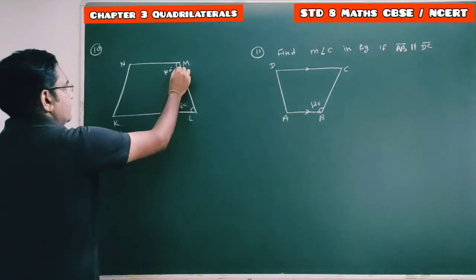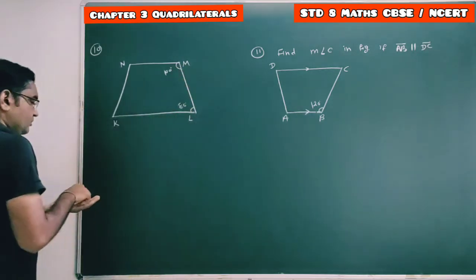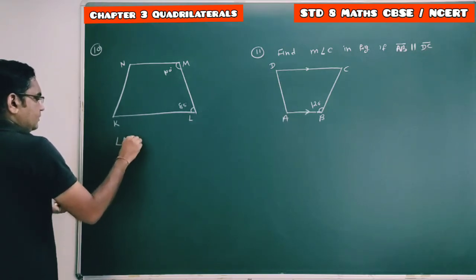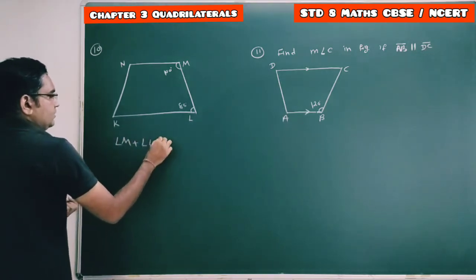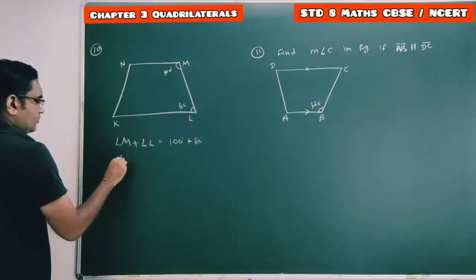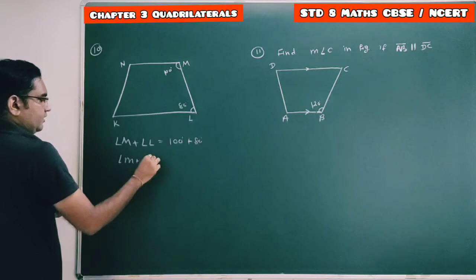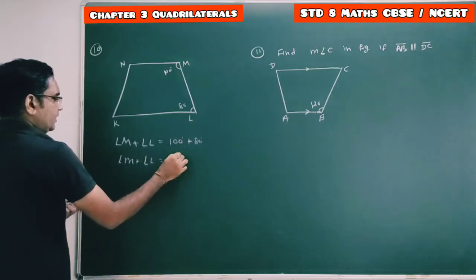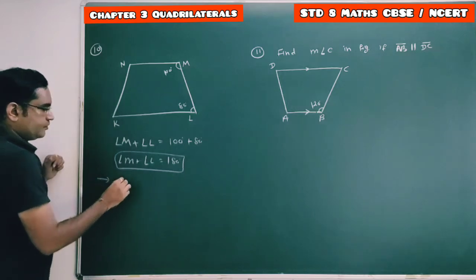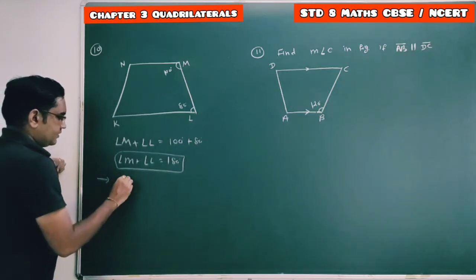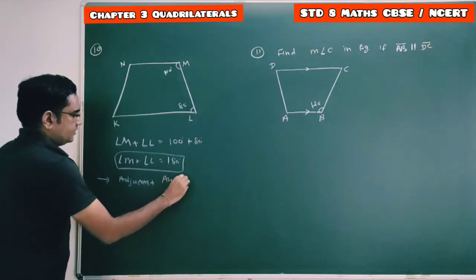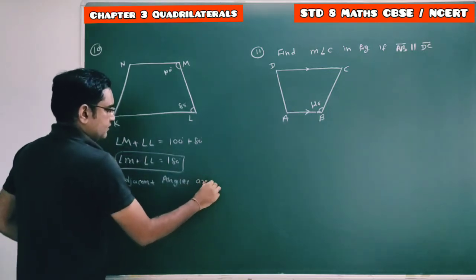So here we can say the measure of these two adjacent angles M and L, angle M plus angle L, that is equal to 100 plus 80. So sum of measure of these two angles M and L equals 180 degrees. Hence these two angles are supplementary angles.